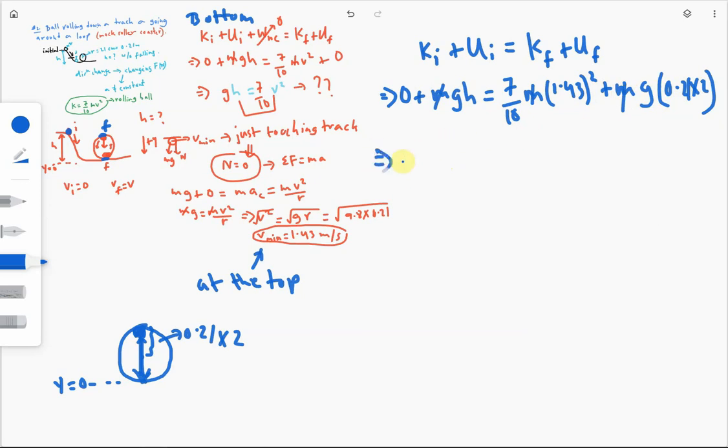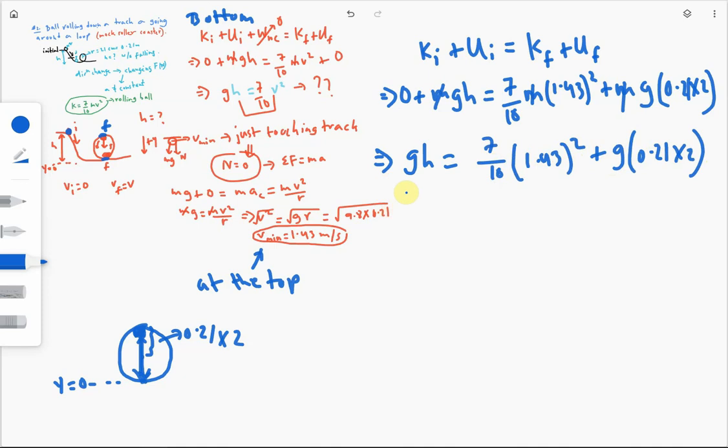So simply we have the equation gh equal to 7/10 times 1.43 squared plus g times 0.21 times 2.